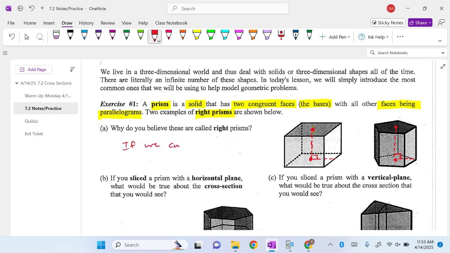If we cut directly through the center of the bases, it forms a right angle. All right? That's why they're called right prisms. Typically, right prisms have a rectangle or a square or something with a 90-degree angle somewhere in their shape.